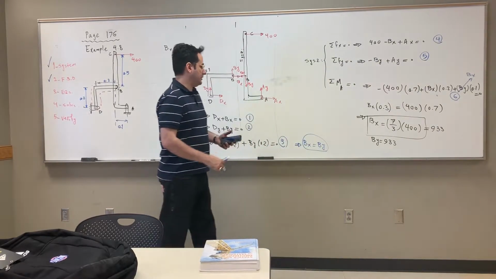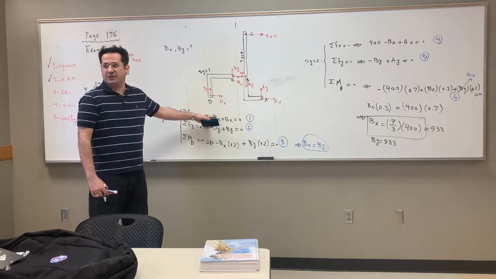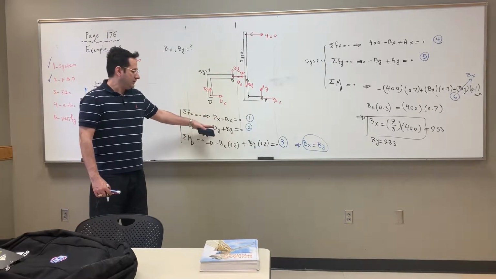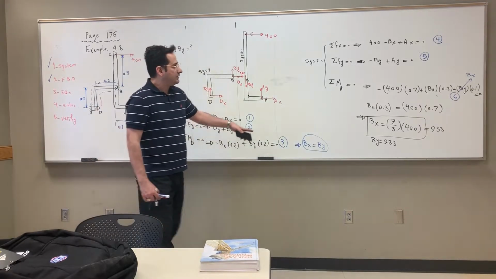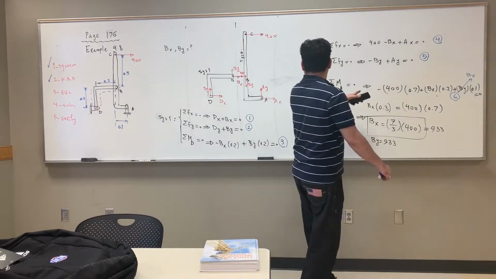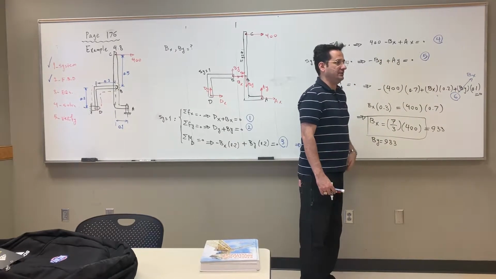Now, as you can see, I can get Dx because I have Bx, and I can get Dy. The last thing, I can get Ax and Ay because I have all of it.